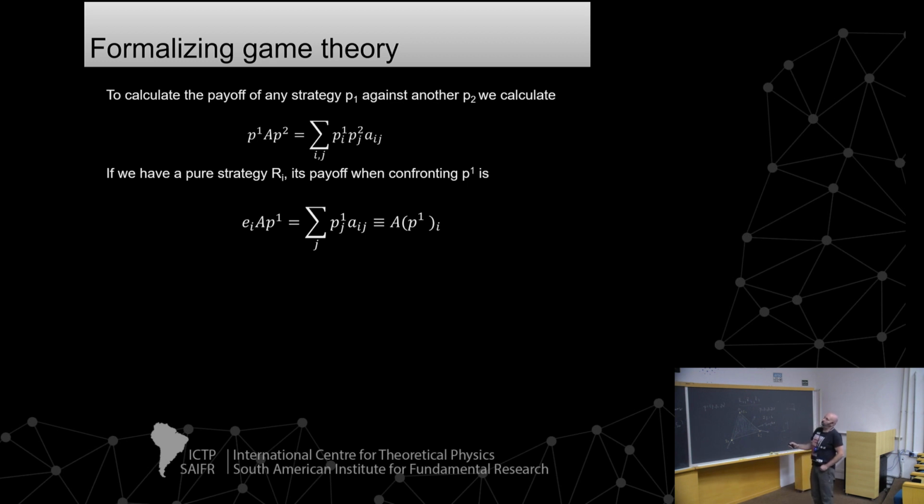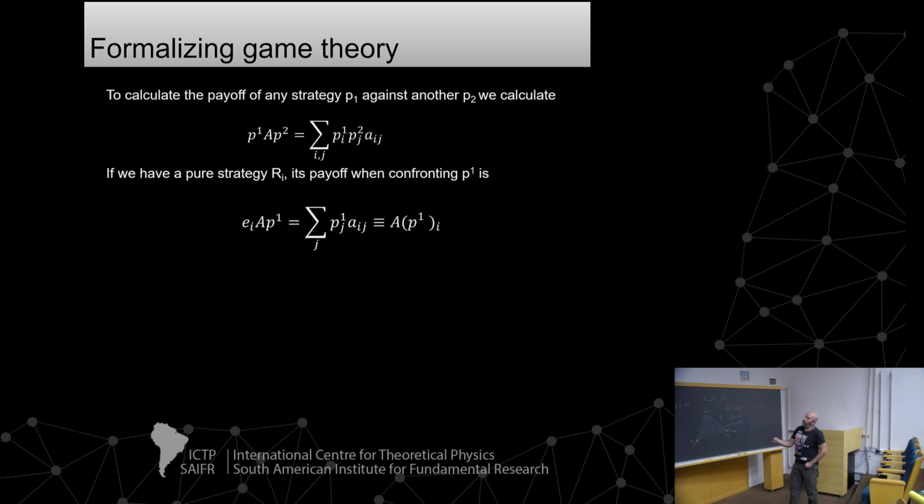This is the same as here. The only difference is that instead of this sum being for any value of i, this sum will be only for one value of i, the value corresponding to the pure strategy. So instead of having a double index, I have only one index here, and the payoff of a pure strategy against another strategy is calculated this way. And by definition, I will call this payoff, the payoff of a pure strategy against any strategy, in this way. So this is only a definition.